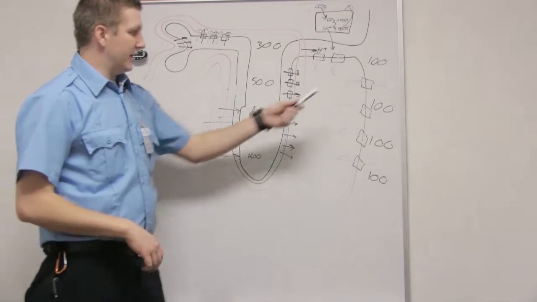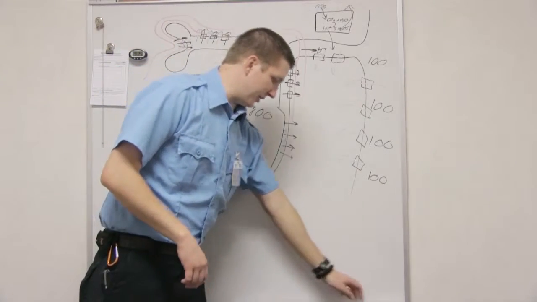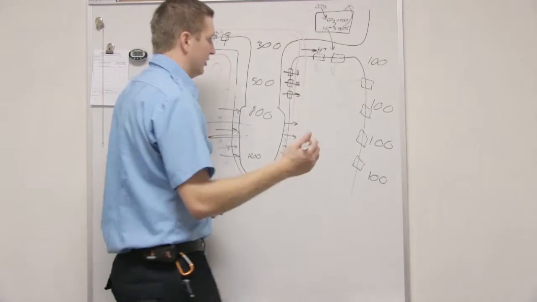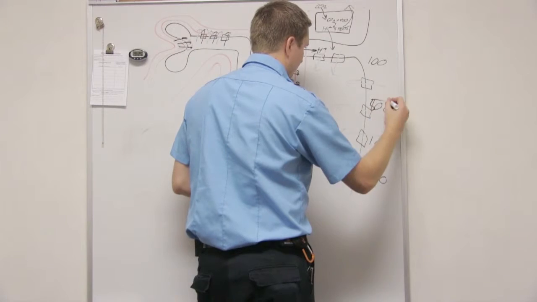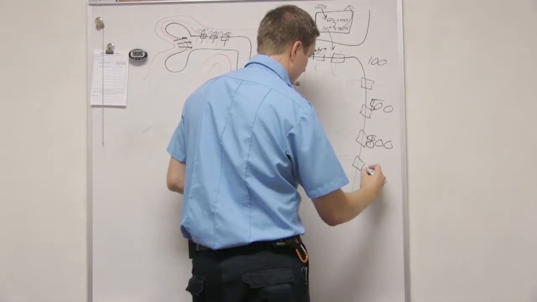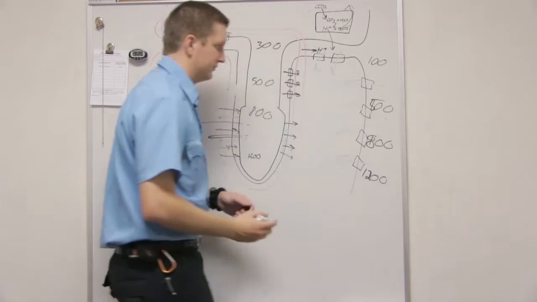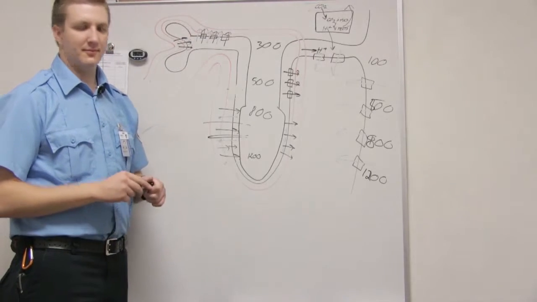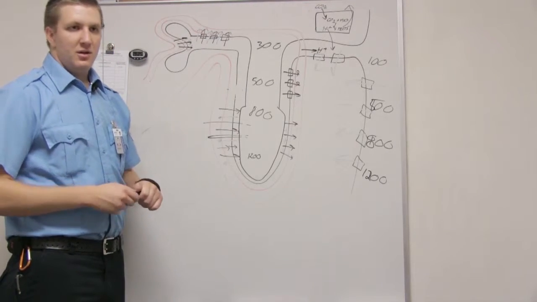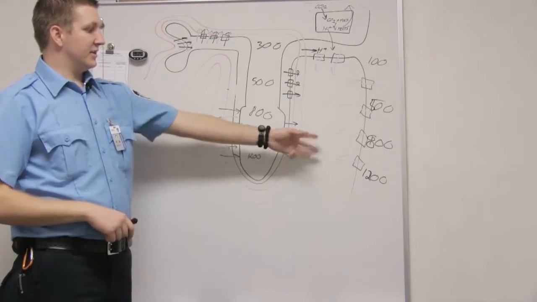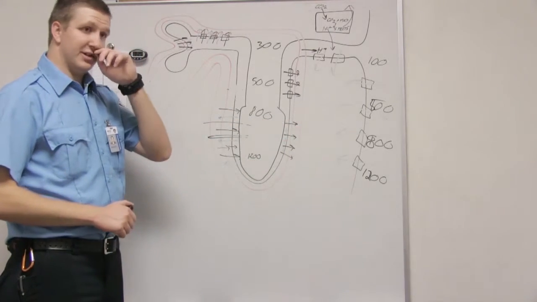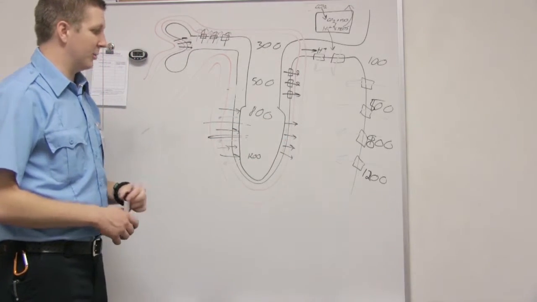So now, instead of our urine being the same concentration all the way down, it gets more and more concentrated as we go. And ADH is what opens up these aquaporins.